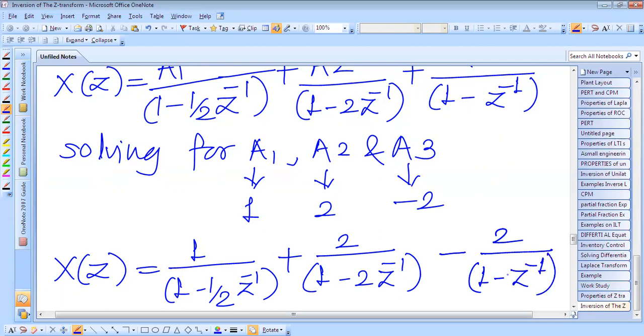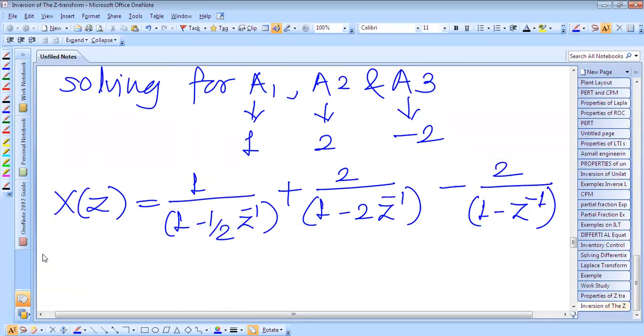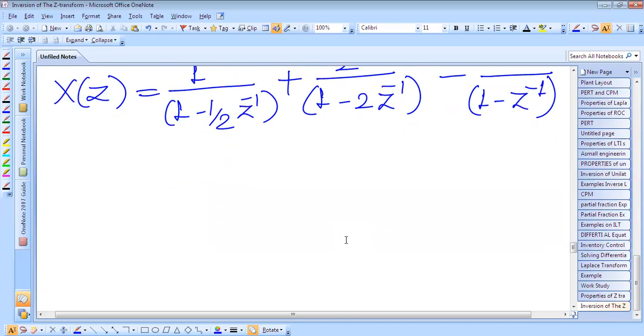Now we will find the inverse Z transform of each term. This is the first term, this is the second term, and this is the third term. We'll first find the individual inverse Z transform of each term, and then finally we will add the three terms.